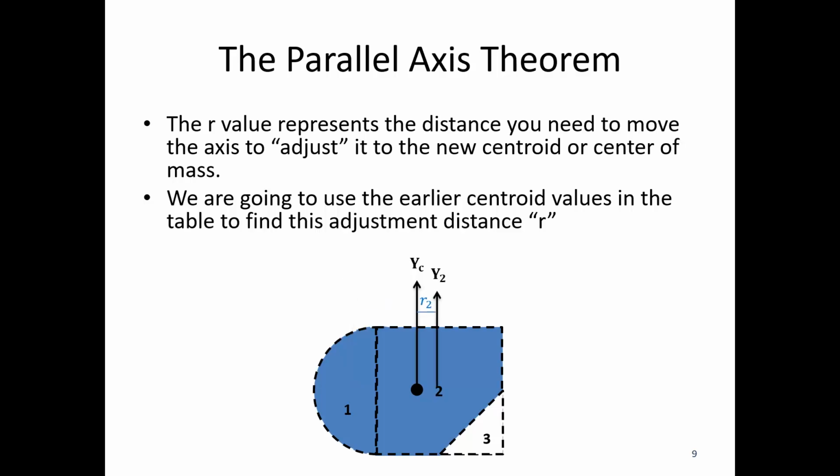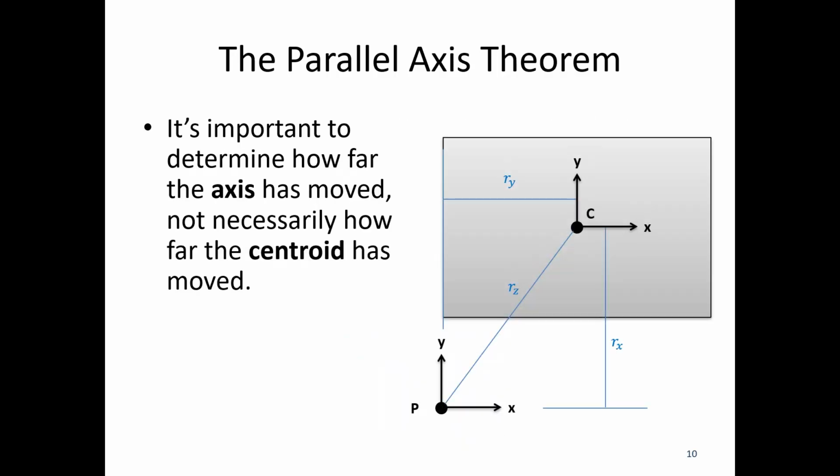And then if I am looking at my rectangle, it's going to be this distance here. So center of the rectangle to the overall centroid. And for my triangular cutout, centroid of the triangle to the centroid of the overall shape. And so with this, remember that this is how far the axes are adjusted, not necessarily how far the point is moving.